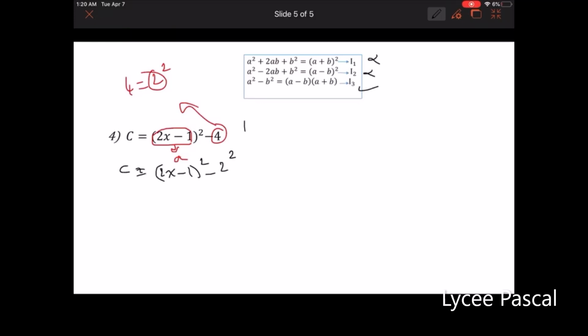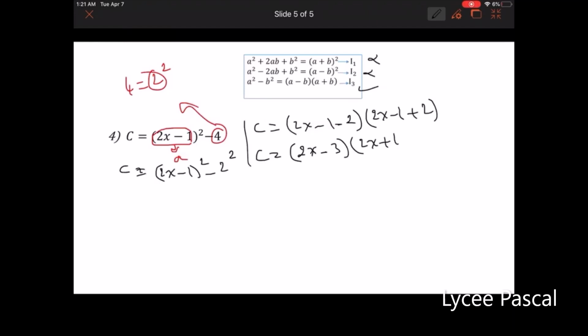So it's of the form A squared minus B squared, where A is 2x minus 1 and B is 2. So we apply directly the rule. A, 2x minus 1, minus B, that means minus 2, into A, 2x minus 1, plus B, plus 2. So C equals 2x minus 3 into 2x plus 1. And it's done here.